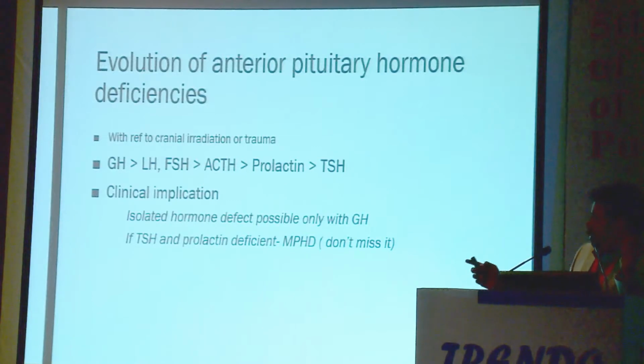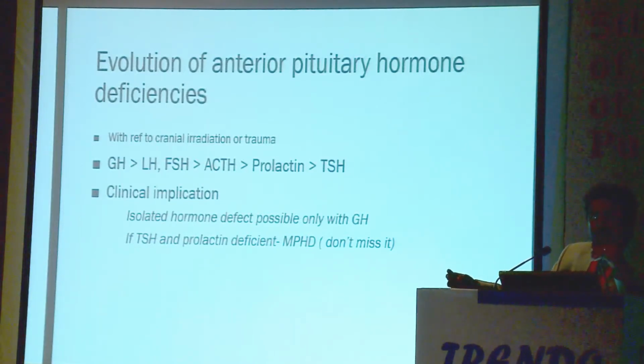And this is the normal sequence of hormonal deficiency which happens over time. As you can see, the somatotrophs, the growth hormone cells, are the most sensitive cells in the anterior pituitary, which easily get damaged whenever there is an insult in the form of irradiation or trauma. This is followed by gonadotropes, followed by ACTH. Prolactin and TSH are relatively resistant to external insults, and they are the last hormones to go.